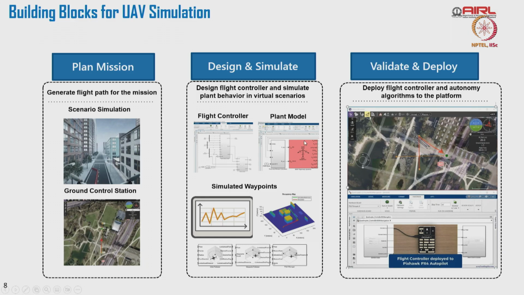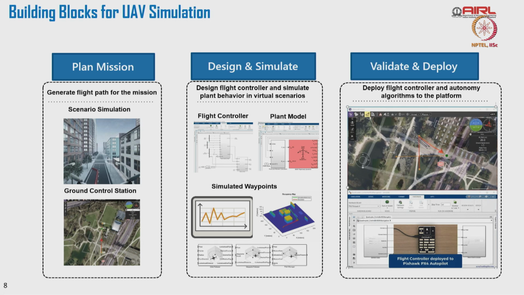And then you have to have a plant model. The plant model should be as close as possible to the realistic model. We talked about how we can represent them accurately, how we can represent the sensors and everything. And then you need to have simulated waypoints. How do I generate the waypoints? Either I use A-star or Dijkstra or RRT.